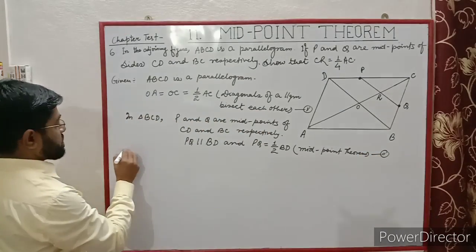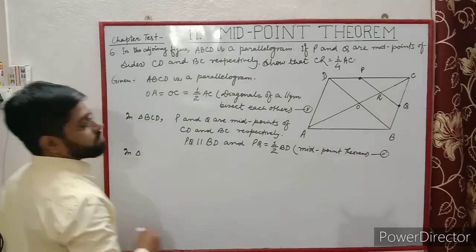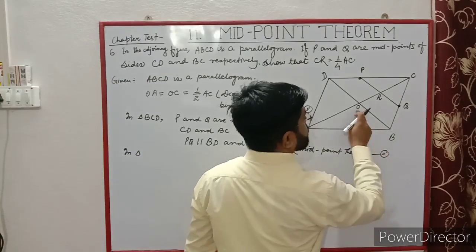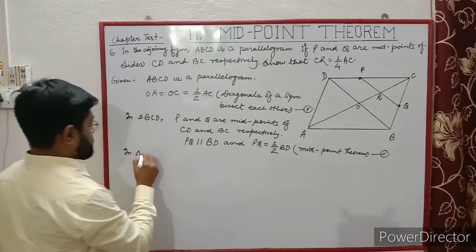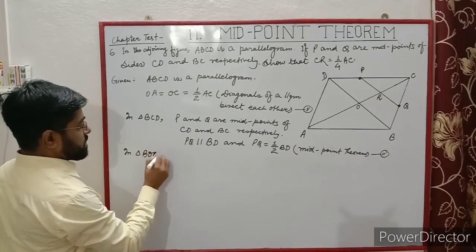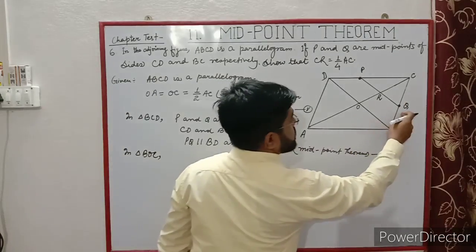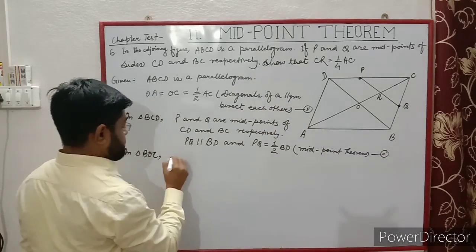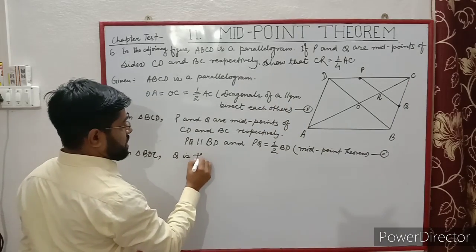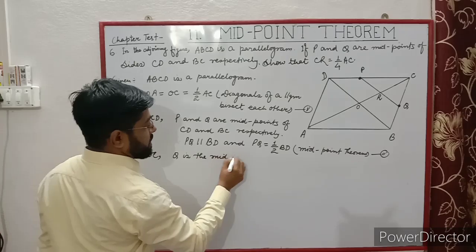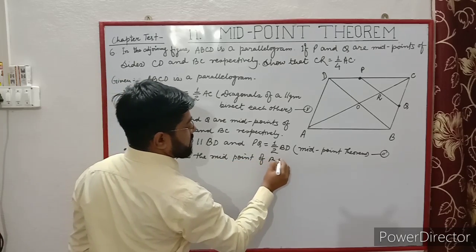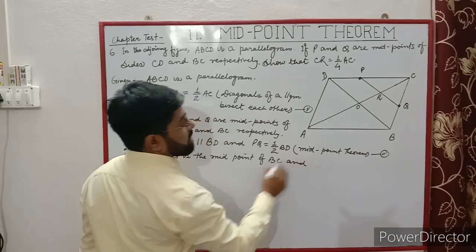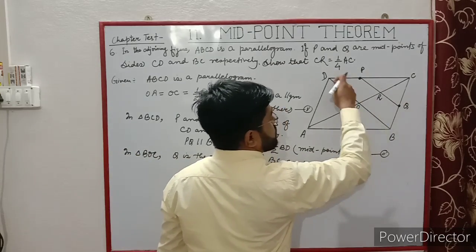Now in triangle BOC, Q is the midpoint of BC and PQ is parallel to BD.